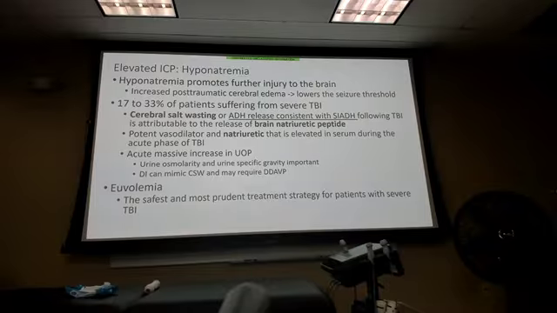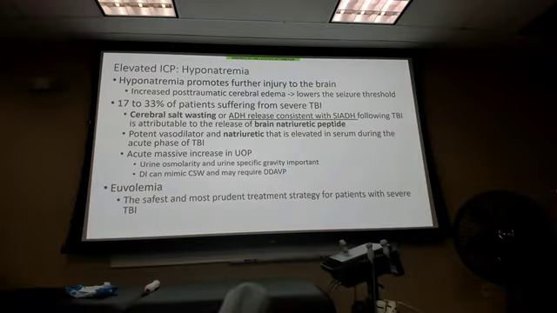There are very specific criteria, and the last time I had somebody with a DI-like picture, the neurosurgeon said we had to wait for that specific gravity to get below, I think it was like 1.012 or so. It was a very low specific gravity. At that point we could give DDAVP, but if it's not that low, then DDAVP is not indicated. So it's very, very specific lab measurements in which we can give it.